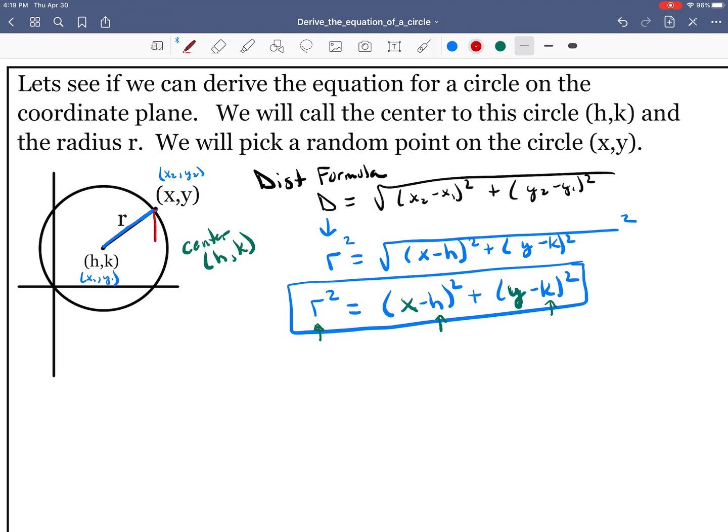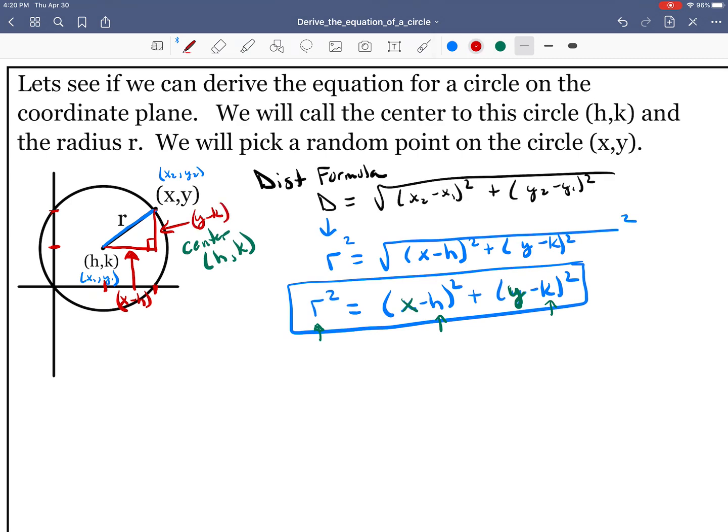One thing I also love is the Pythagorean theorem, and we know that these are cousins, so I'll go through this real quick. To get this horizontal distance here, it's the difference of our x's, because it's from this x to this x. So it's actually our x minus h. Those are our two x's. This distance here is between the two y values. So this is going to represent y2, which is y minus k, which is y1.